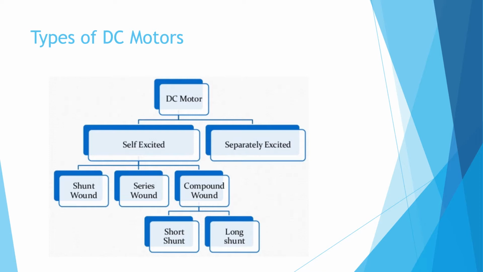So let's check the different types of DC motor. The first one is self-excited and the second one is separately excited. We are going to focus on self-excited types of motors, and as per your syllabus you have to focus on the shunt motor and the series motor.